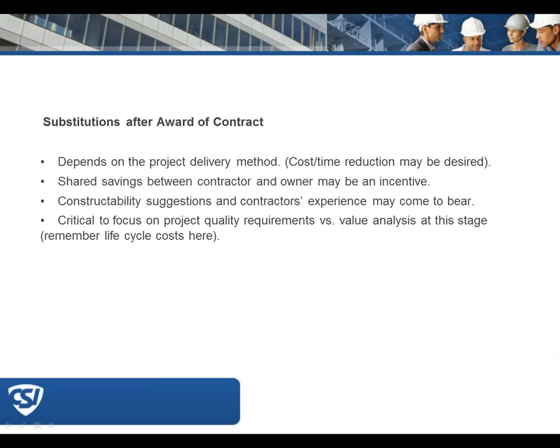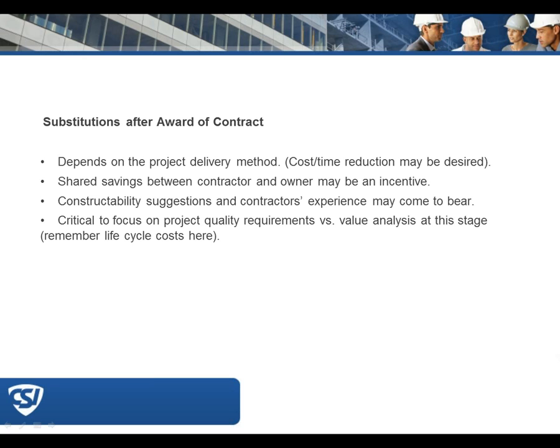If this isn't a public design-bid-build, but perhaps is a CM project or a private project, there may be a reason to look at a substitution based on the delivery method itself. For example, there might be cost and time considerations in a substitution that could be a benefit to the project. So that might be a point after award that you would want to think about it.